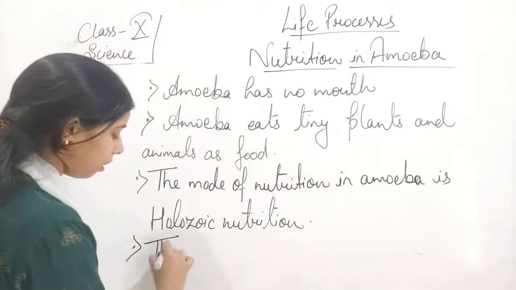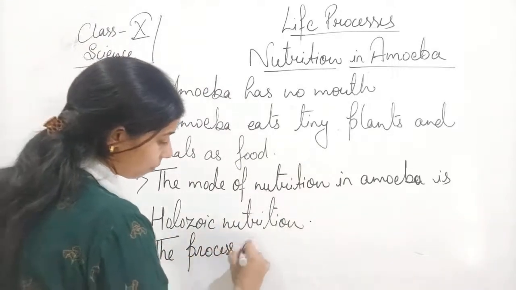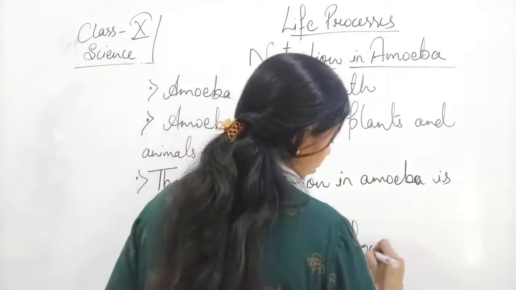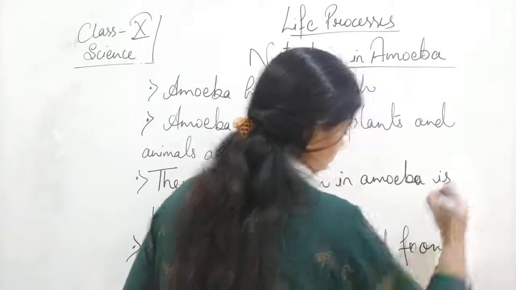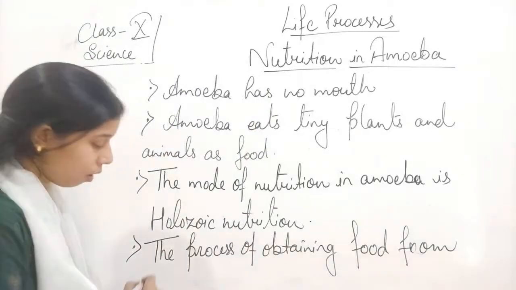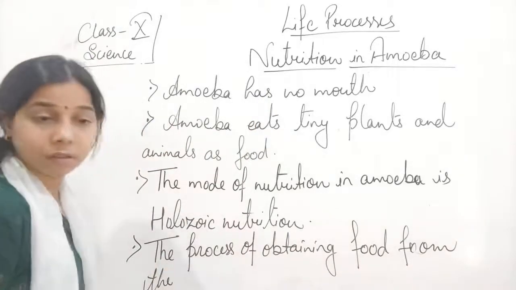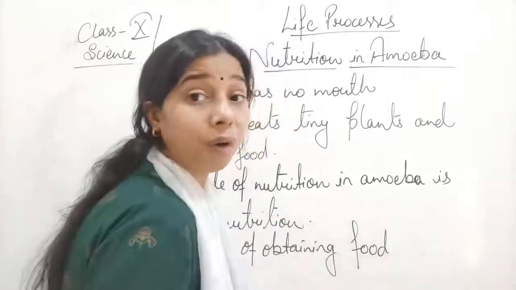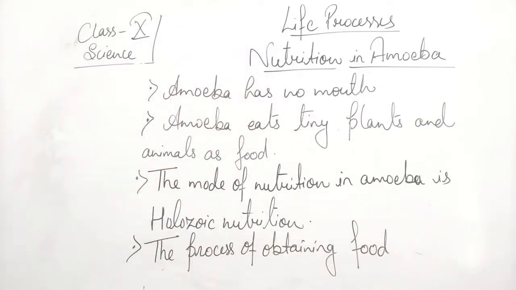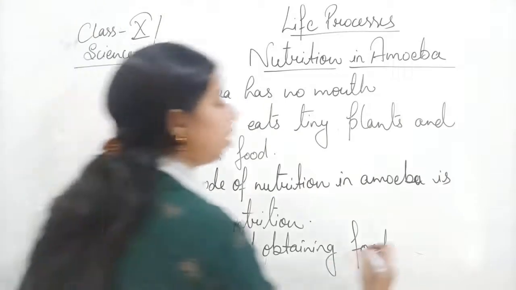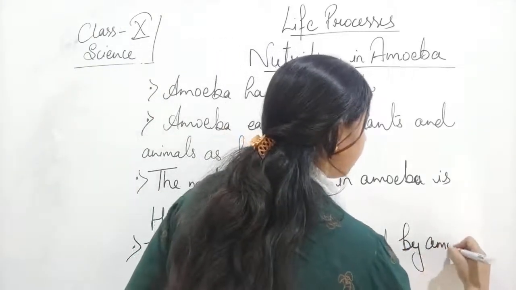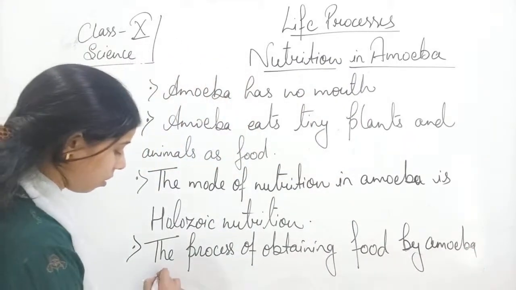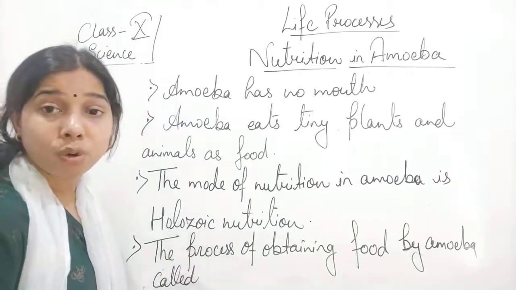So you can write it that the process of obtaining food by the amoeba is called phagocytosis.